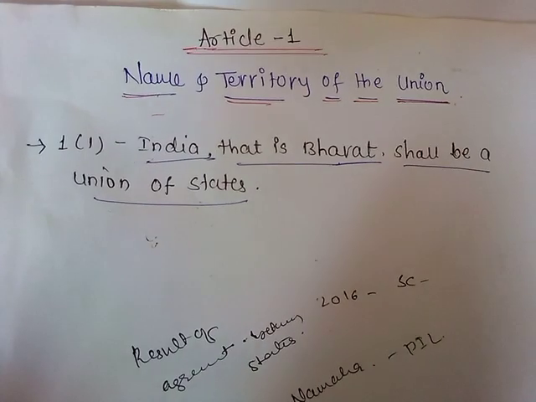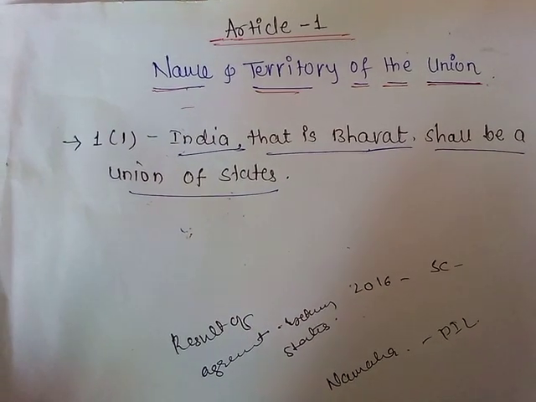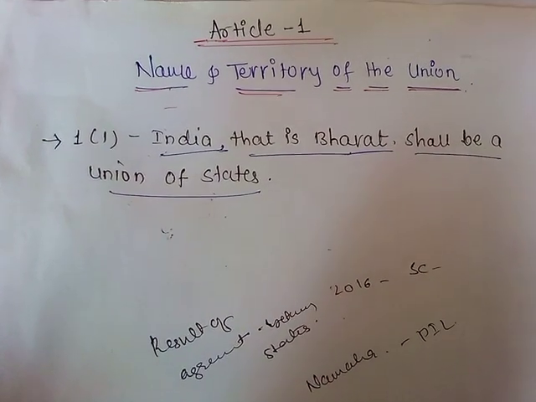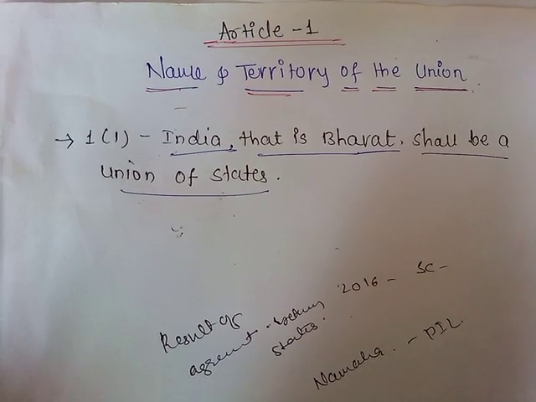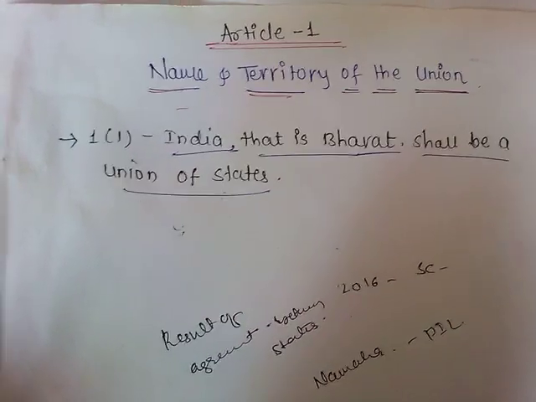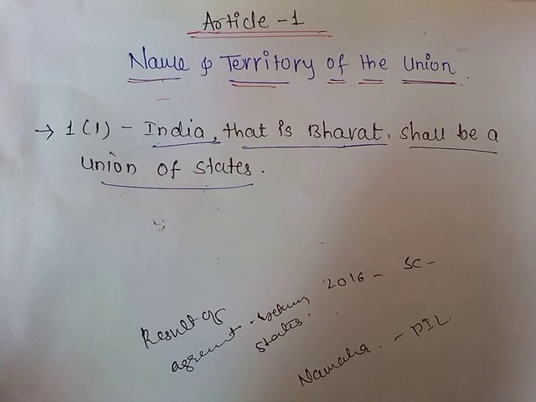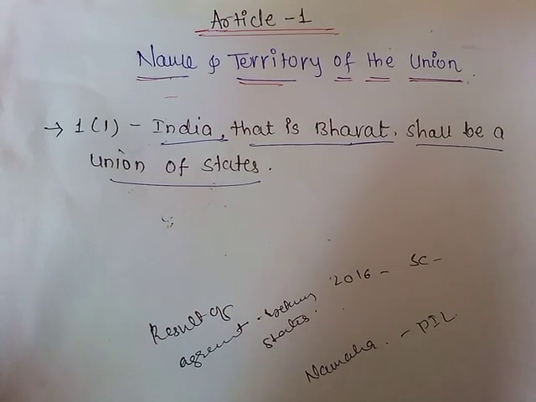So, concluding, long story short, Article 1 says, name and territory of the Union: India, that is Bharat, shall be a union of states.